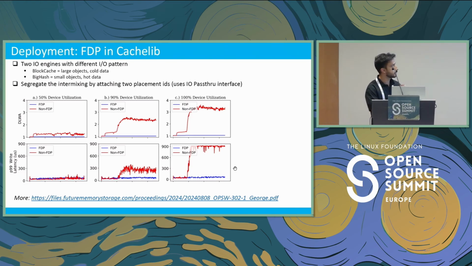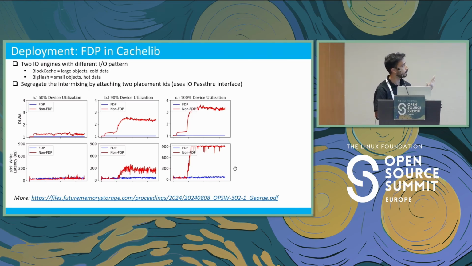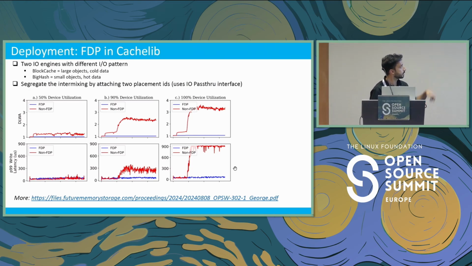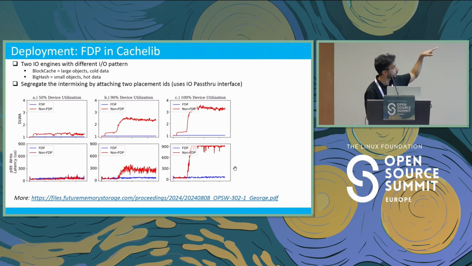When this is separated on the FDP SSD, the kind of gain that you see here is that all the red curves are showing the WAF, high WAF basically. High WAF is bad, low WAF is good. When the device is 50% utilized, it's like 1.3 or 1.4.